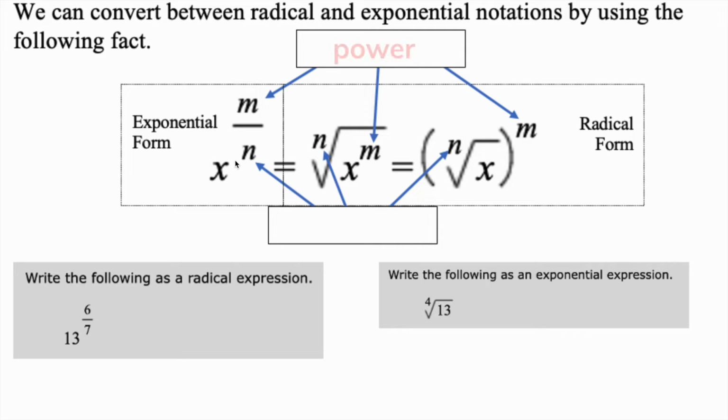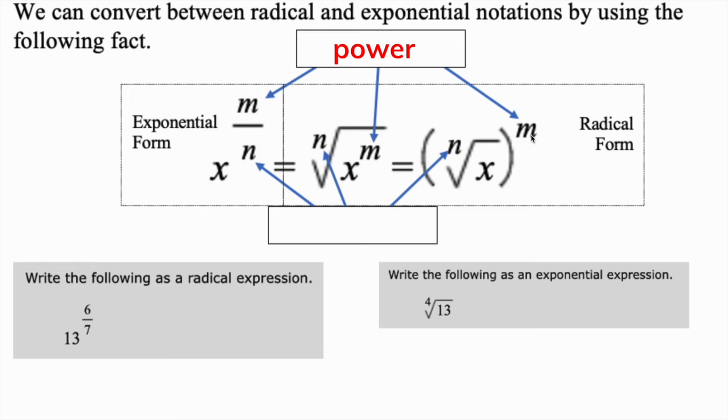That's radical form. Do you see a fraction as an exponent? That's exponential form. So if I look at this, these first ones are all pointing at the power for whichever format you have it in. You can see it in two different ways for radical form. The exponent can be under the square root sign or it can be outside of the square root sign. Either way, it means the same thing. But you have the exponential form where the power is on top or next to the x.